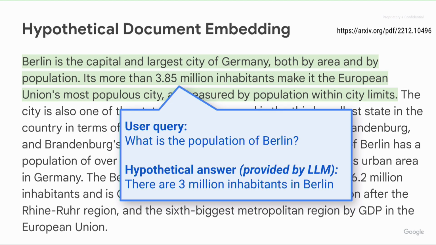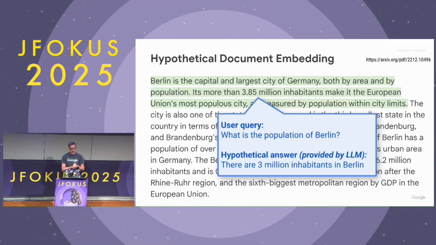If you remember the hypothetical questions approach in the ingestion phase, this is a bit equivalent, but at the retrieval phase. So instead of searching what is the population of Berlin, we're going to search for a hypothetical answer. We're going to ask an LLM, even a small LLM. It doesn't have to be a big LLM that knows everything. Maybe the LLM will say, okay, there are 3 million inhabitants in Berlin, but you're going to search for that hypothetical answer in the database.